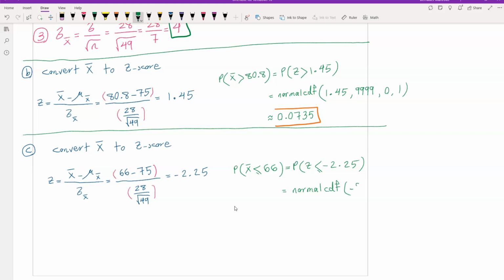Entering negative 9999, comma, then the Z of negative 2.25, comma 0, comma 1.